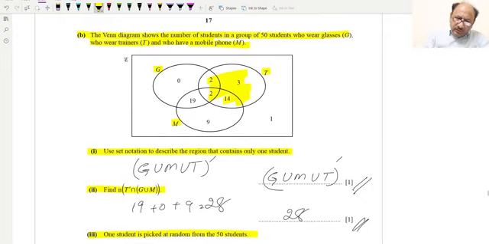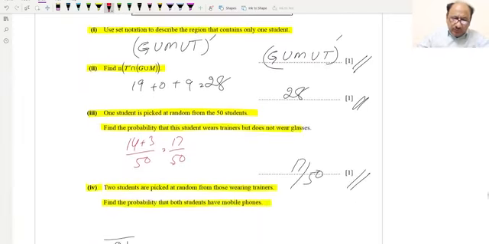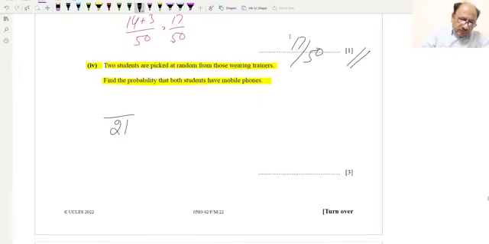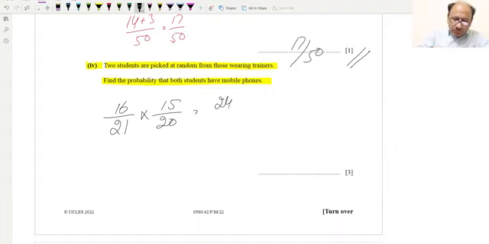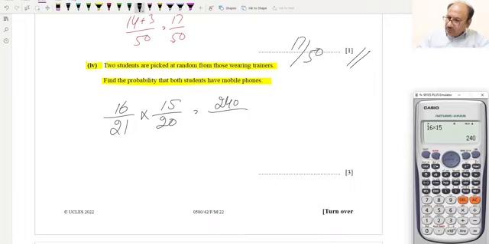So which ones have a mobile phone? Mobile phone is this one. So 14 plus 2 will be 16. So it will be 16 out of 21 for the first one. And for the second one, because it's without replacement, 15 over 20, and this will be 16 into 15 equal to 240, so 240 over 21 into 20 will be equal to 420.